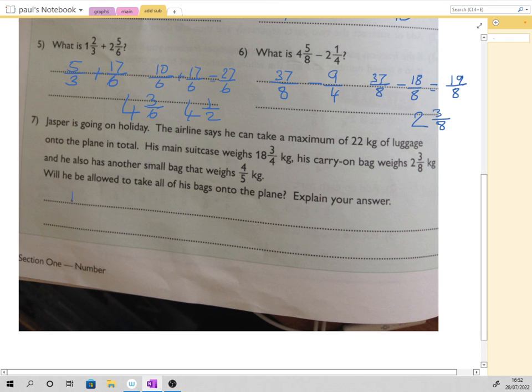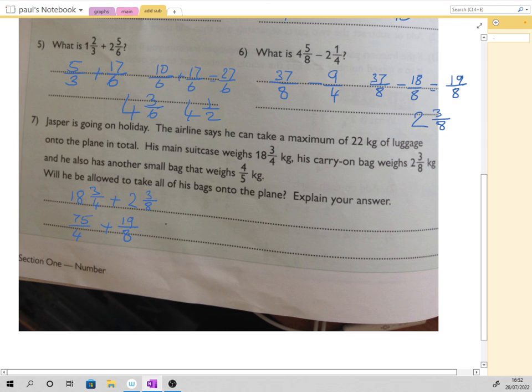So let's do this. 18 3/4 plus 2 3/8. This is good because we've got quarters and eighths. So 4 18s are 72, plus 3 is 75 over 4, plus 8 times 2 is 16, plus 3 is 19 over 8. Right, so I need to double this now.